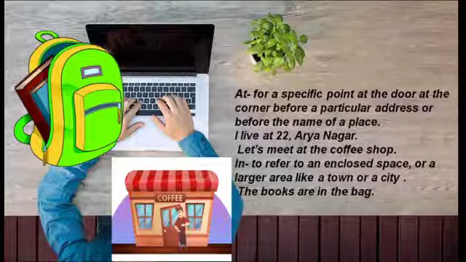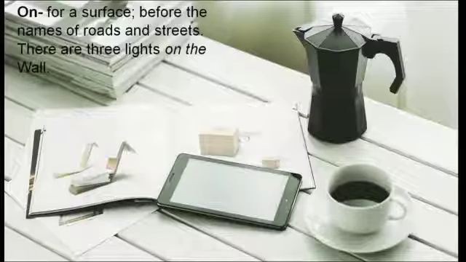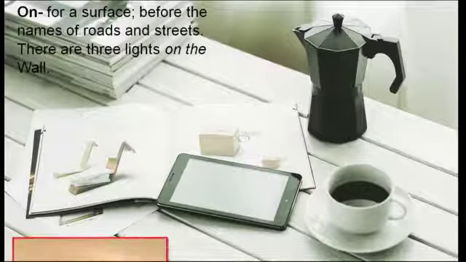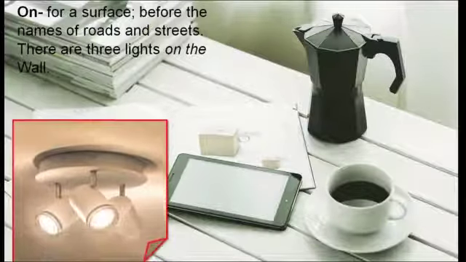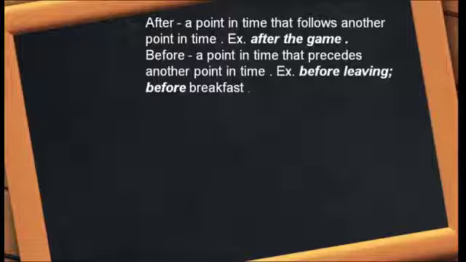Like the books are in the bag. So we use in. Next, on. Whenever something is in a touching position, or we can also use it with the names of roads and streets. Like for example, there are 3 lights on the wall. So I have used on here because they are in a touching position.